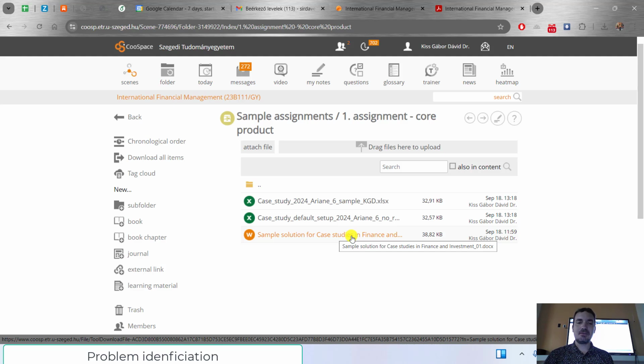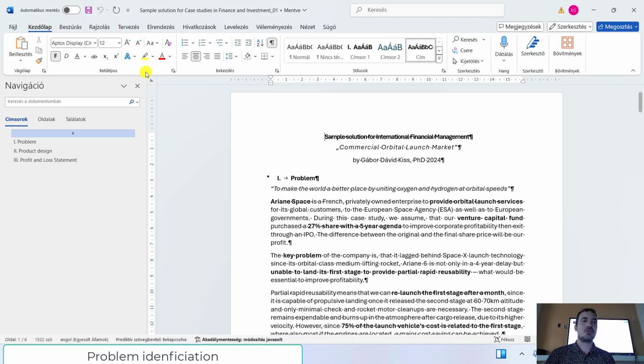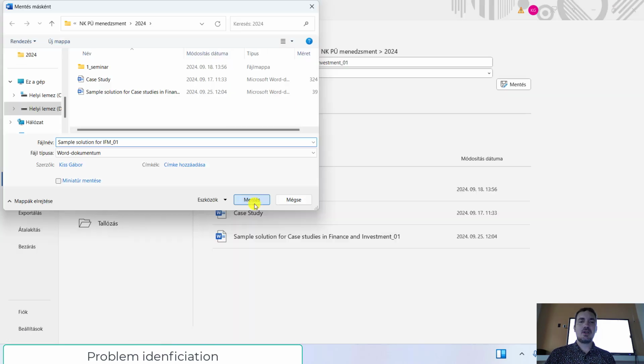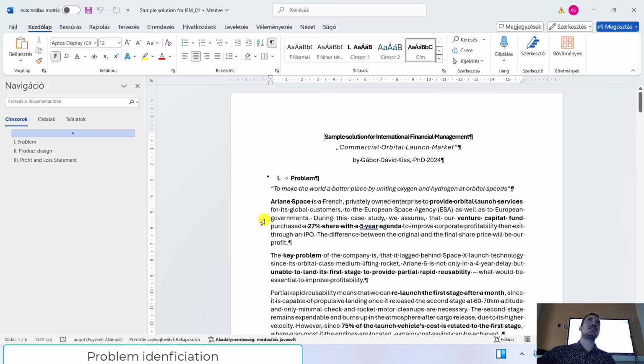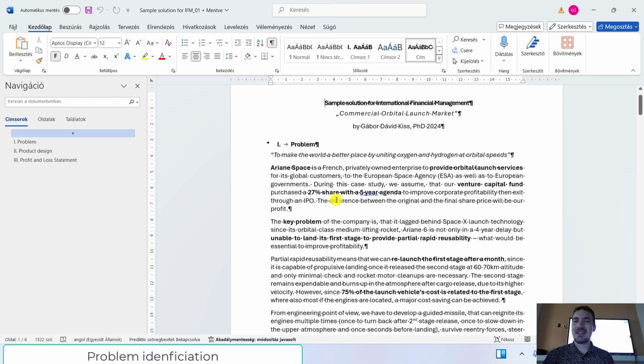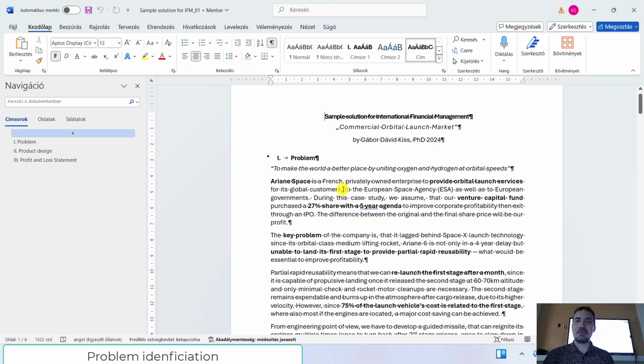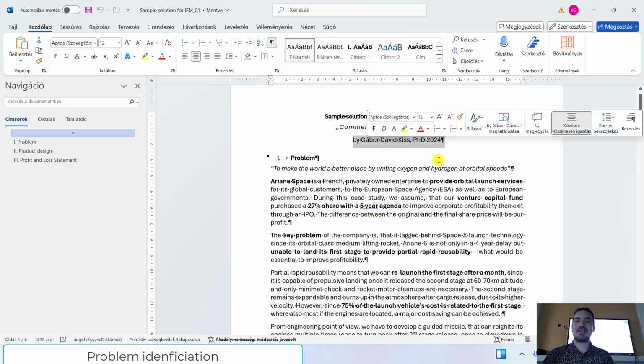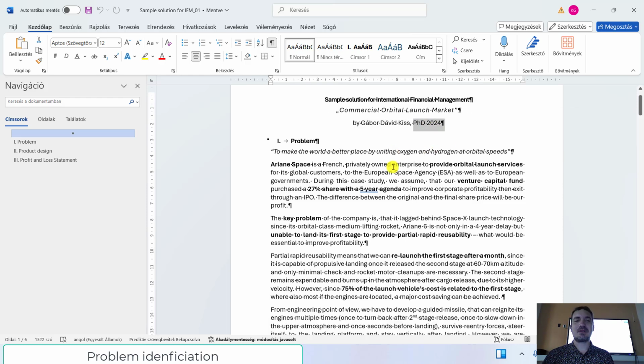Obviously this is not for the same course, so we should rename it and I should remove this one. Once things pass in that class, they are implemented here, so you always get the tested and updated version of everything. So, sample solution for international financial management. This is the case study name, this is my name. Obviously your names should be here, and the year doesn't matter.